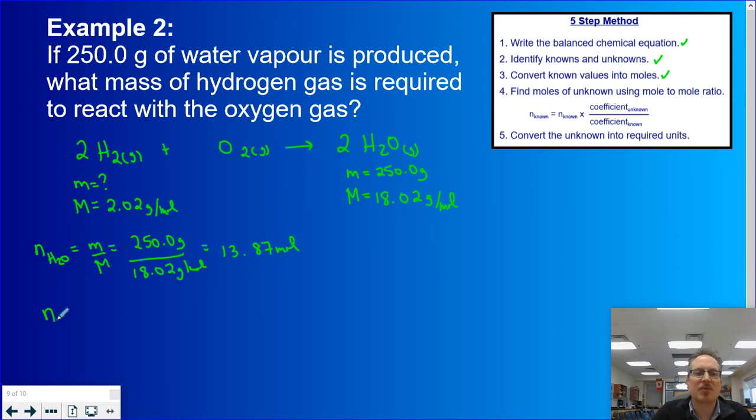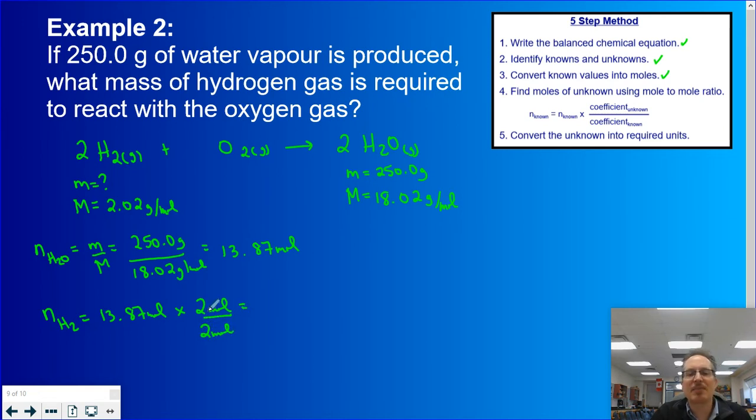Now that I know the moles of my known values, I am going to do the mole ratio. So to find the moles of H2, the moles of the unknown, take the moles you already know. So copy the number you just copied down, 13.87 moles. Remember, that's the moles of water vapor. So we're going to play a little game of leapfrog. We're going to multiply by 2 moles of my unknown, and then we're going to leap back and divide by 2 moles of my known value.